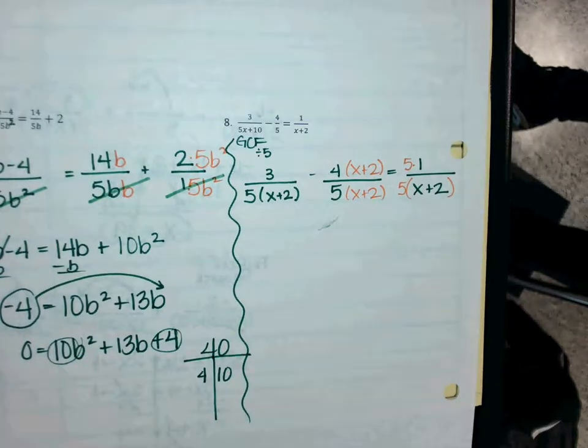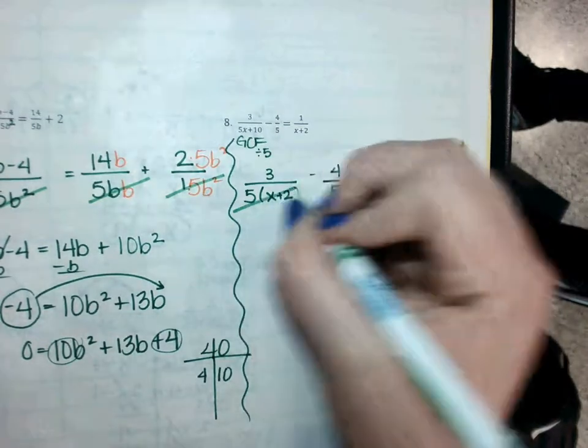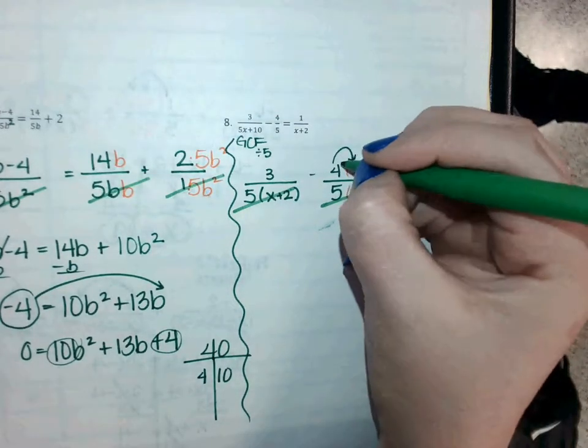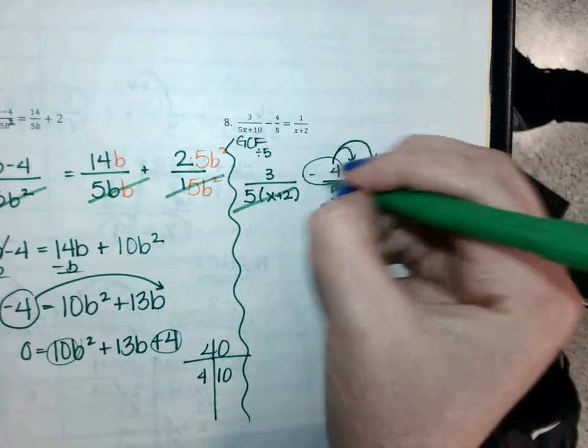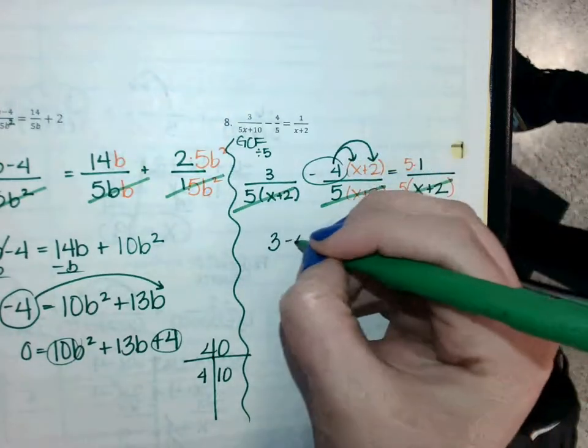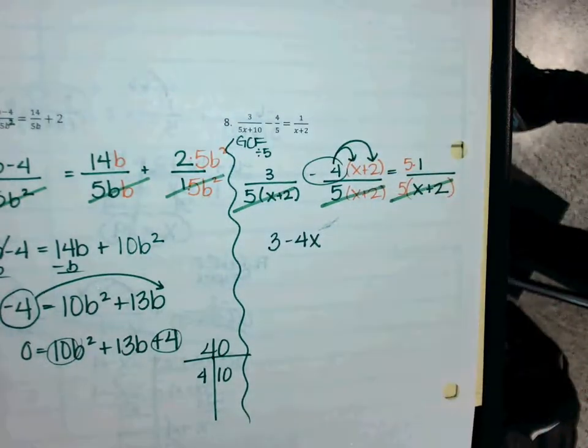Okay? So across the bottoms, what happens if they all have the same thing? Gone, gone, gone. And then across the top, I have my 3. Am I distributing a 4? What else? A minus 4. Good. So it'll be 3 times negative 4 times x is negative 4x.